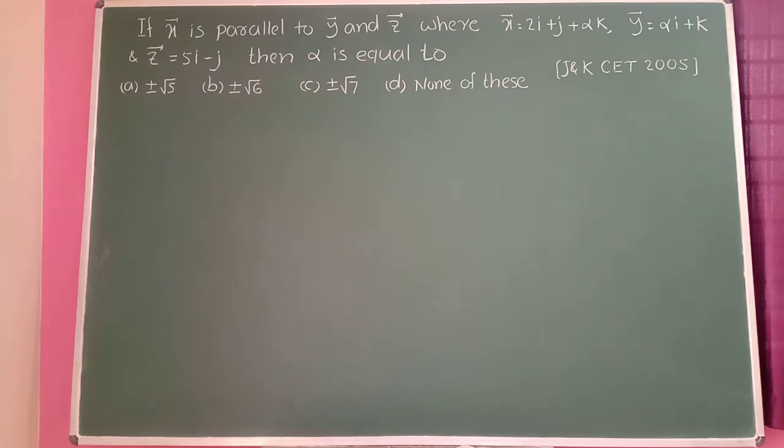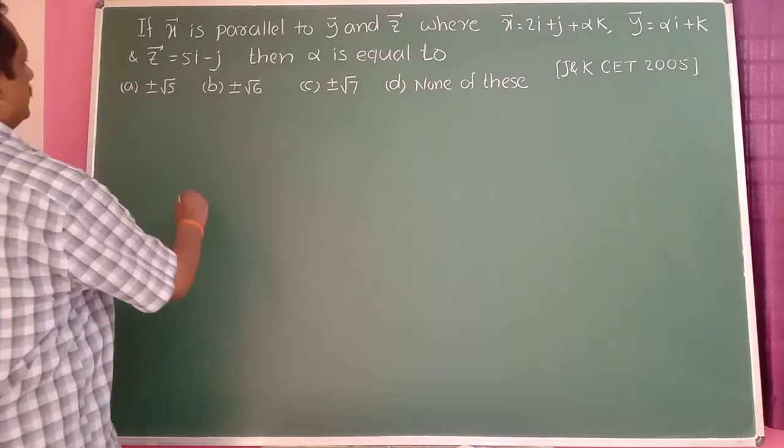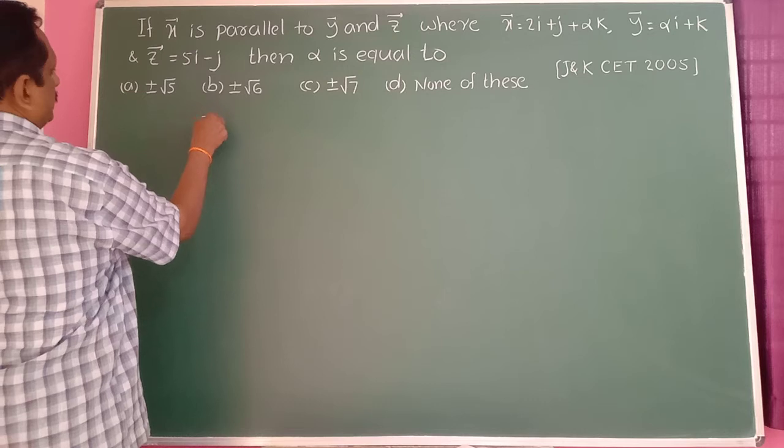If x bar is parallel to the two vectors y bar and z bar, with x bar, y bar and z bar given, then what is alpha? If x bar is parallel to y bar and z bar, then x, y, z are coplanar vectors.